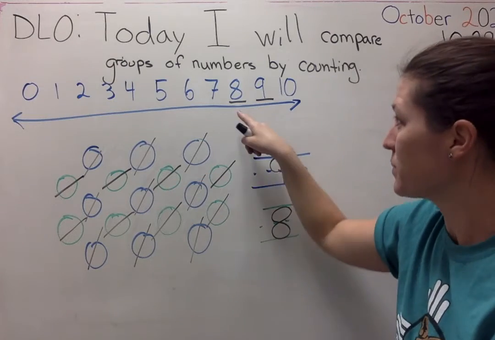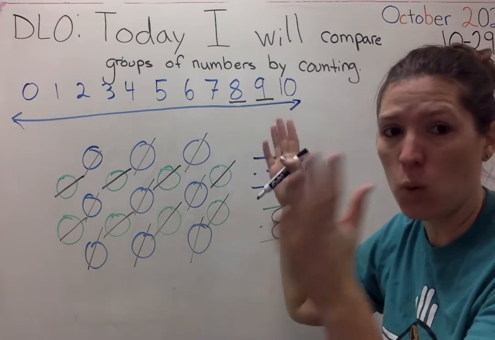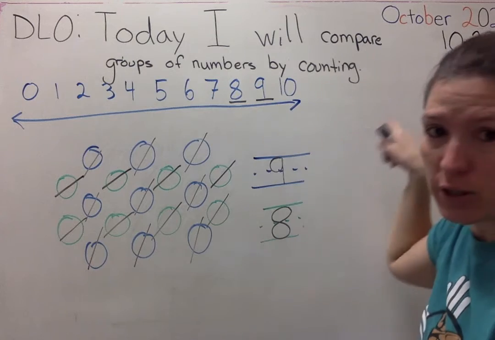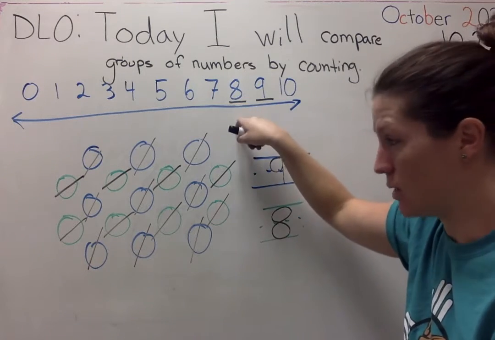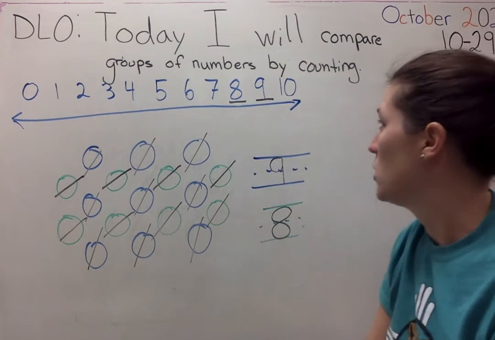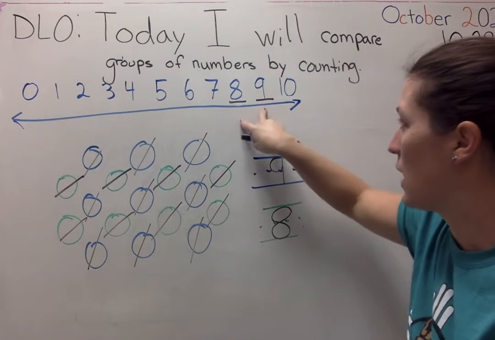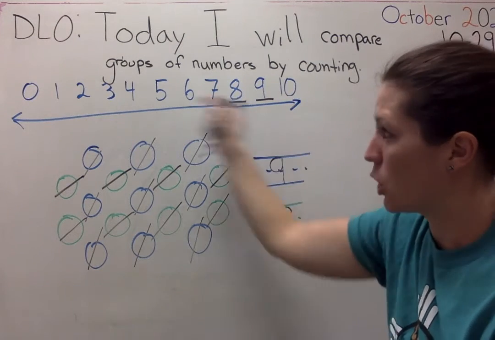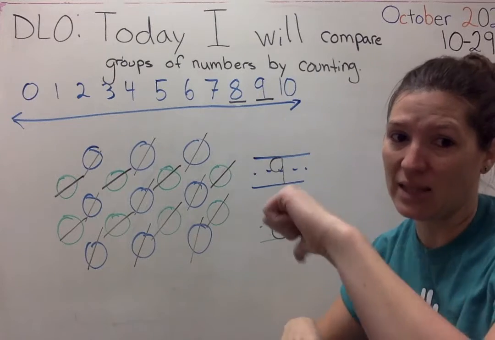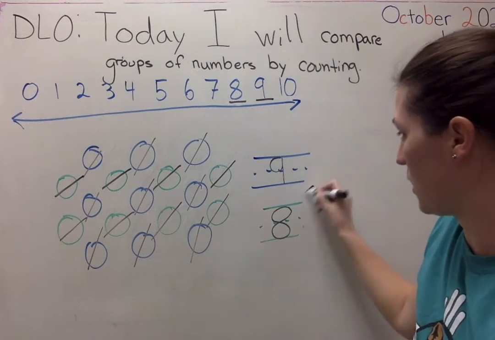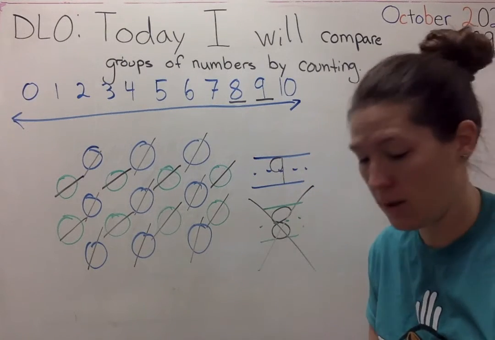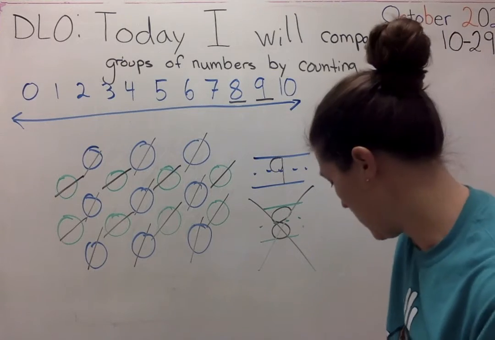And the number that's greater, more, is going to be after the number that is less. It's further away. So I can see that 8 and 9 are next to each other, but 8 is closest to 0, so 8 is less, not as many. So I'm going to put a big X on 8 because it is less. Let's do one more example.